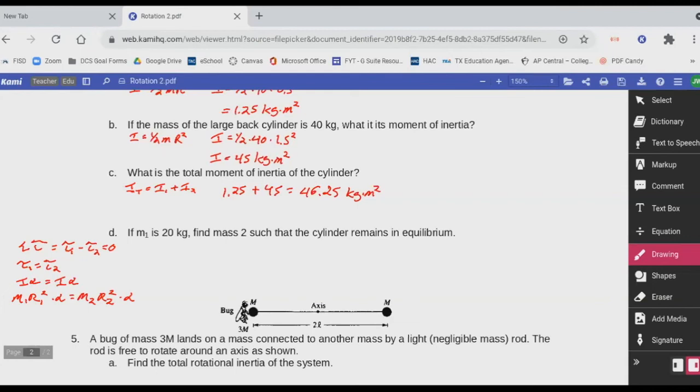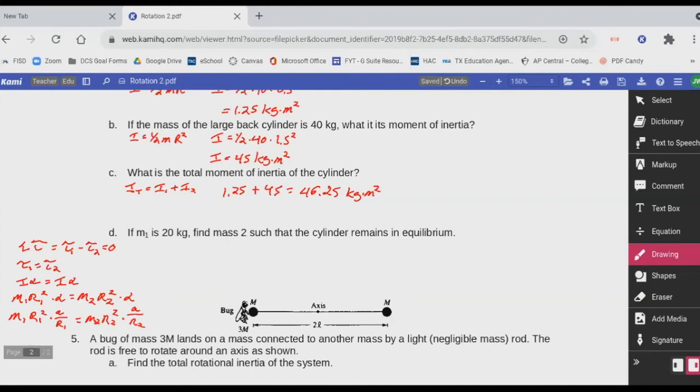Let's do that. And now each one of these has its own radius. So what we're going to have is m1 r1 squared times acceleration a over r1 is equal to m2 r2 squared times a over r2. Now those squares will take care of the radius at the bottom of the fraction.